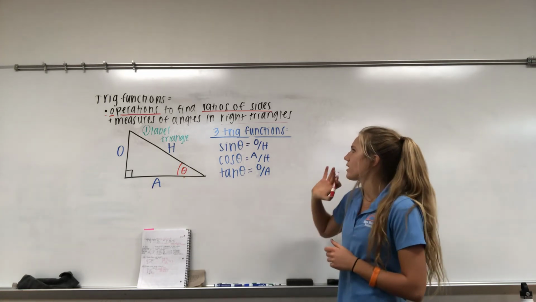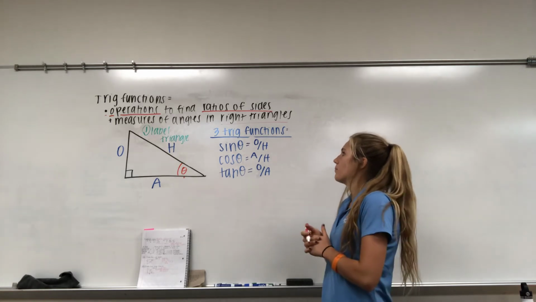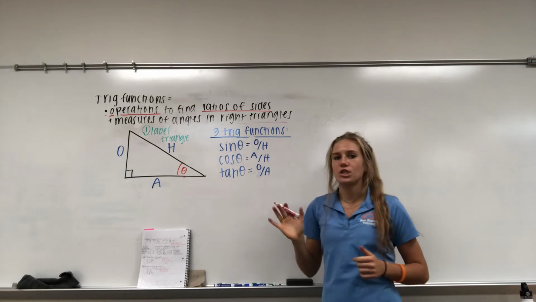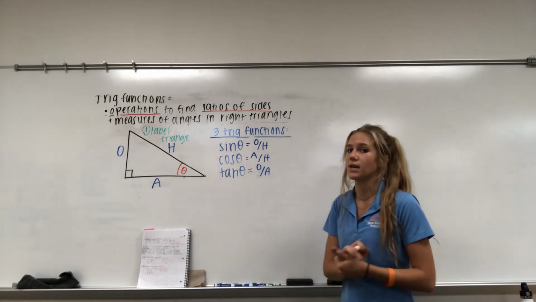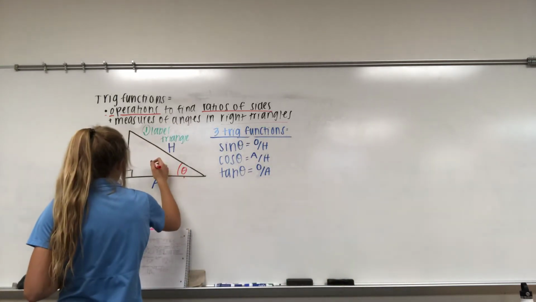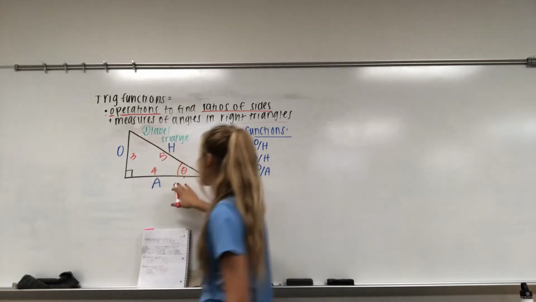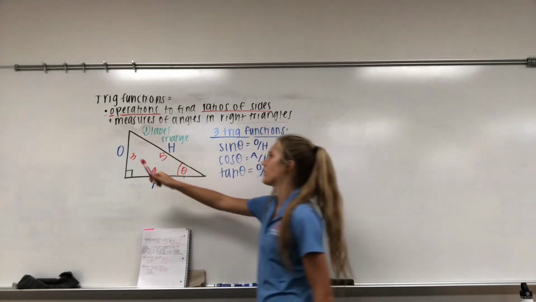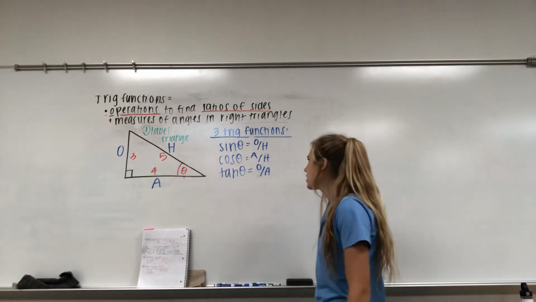Another really important thing that I want to touch on briefly, and we'll get to it a little later: you're using these operations to find the ratios of sides, not to find the actual side measures. So I'm going to put some labels on here. I just labeled that triangle with actual sides: 3, 4, and 5, same ones I used a few seconds ago.